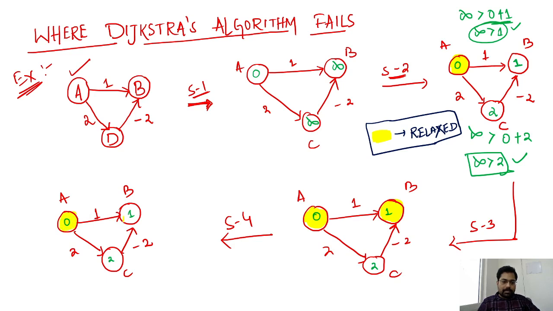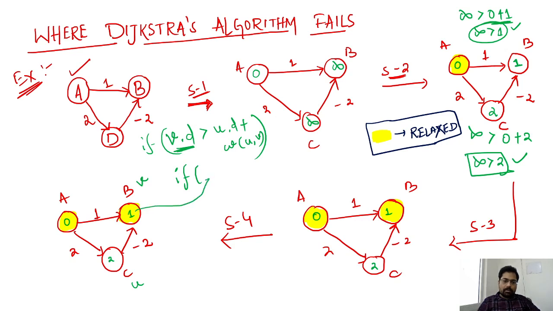It is already relaxed. Now it's time to relax C. If this is U and this is V, then for this condition, V.D should be greater than U.D plus the cost or weight of (U, V). That means the distance of V is 1.